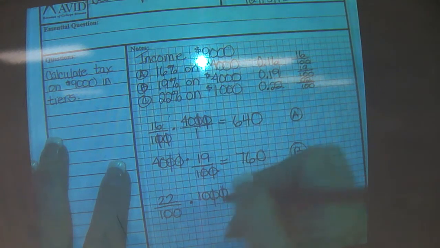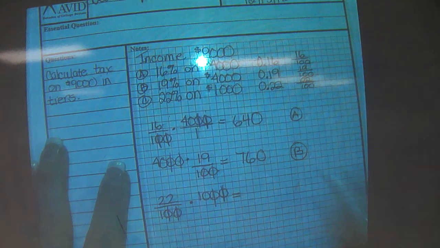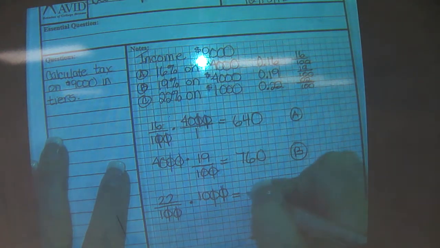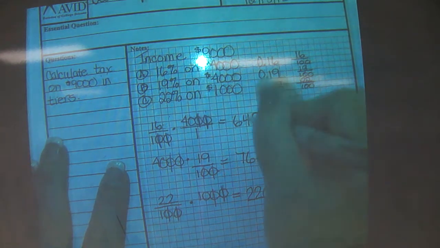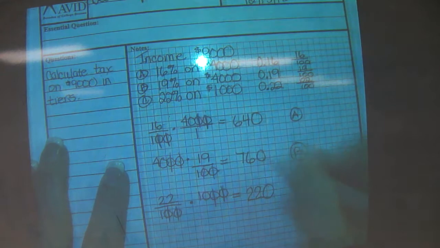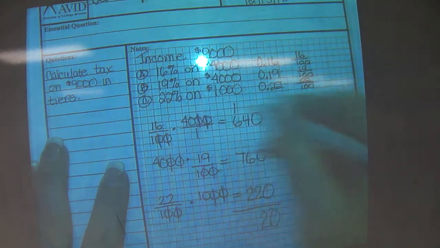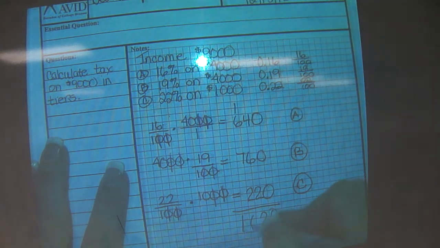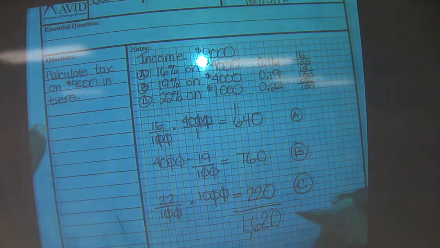Divide 1,000 by 100 and multiply 22 hundredths by 100. 22 times 10 is 220. And that's calculation C. And then we're going to add 640, 760, and 220 together. 1,620. Calculate tax on $9,000 in tiers.